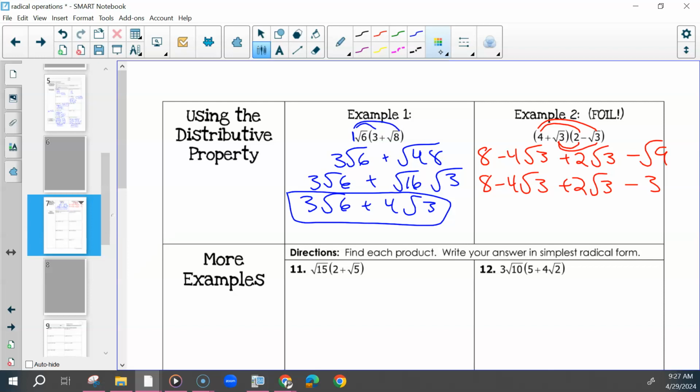What's 8 minus 3? 5. And then if I combine these two, what would that be?